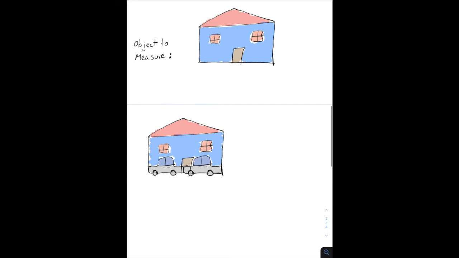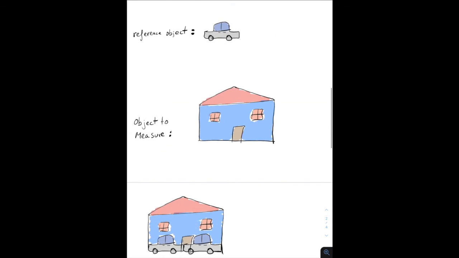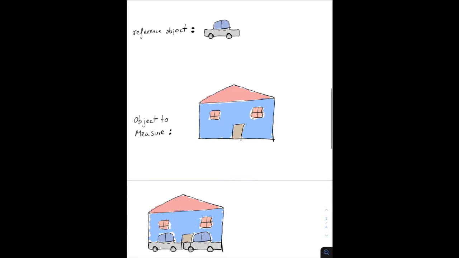In this case, our house is 2 cars long. We could do this in many other ways. We could get a bicycle and say our house is maybe three bicycles long. But in this case, our reference object is a car, and the object that we want to measure is our house.